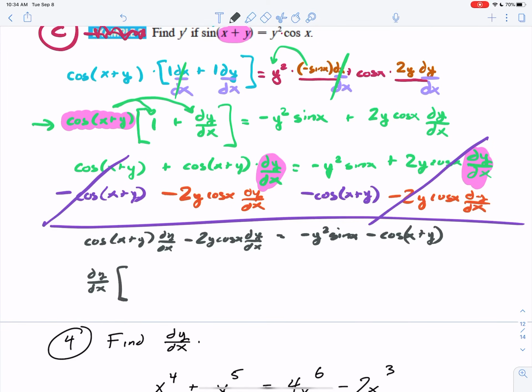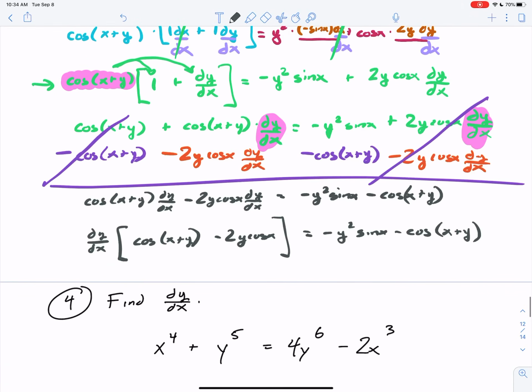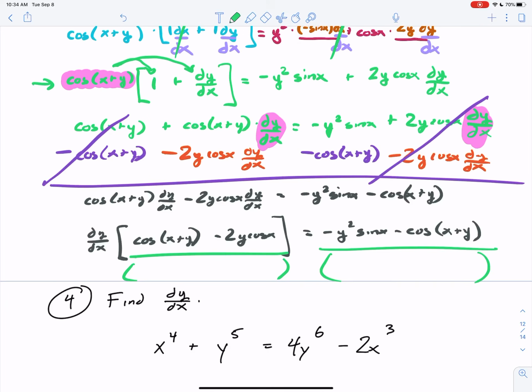I'll be left with cosine of x plus y minus 2y cosine of x equals negative y squared sine x minus cosine of x plus y. All right. Then I'm just going to divide that guy over. I'm not going to finish this one up, but there's your answer. That is your general slope of a tangent line, okay?